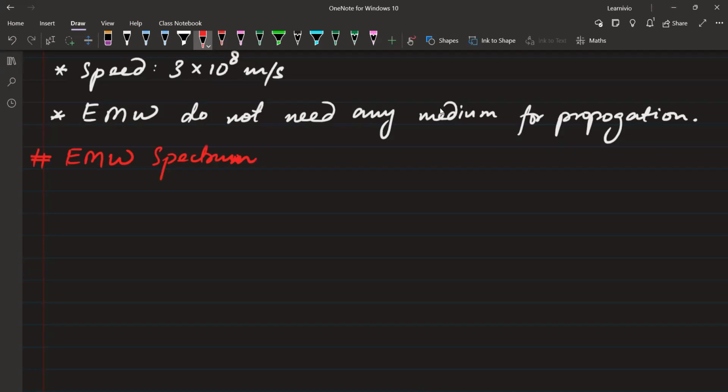Here you have to remember this. First of all, we have the cosmic rays. They are not considered electromagnetic waves right now, but remember this in the same pattern: cosmic, gamma, X, UV, visible, IMR. You can exclude cosmic, in many books you will see that.